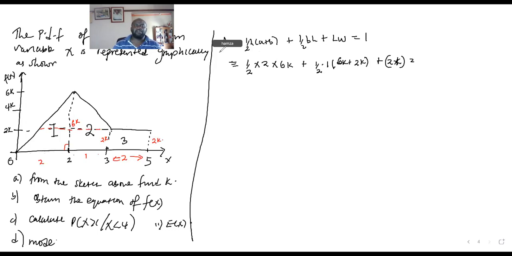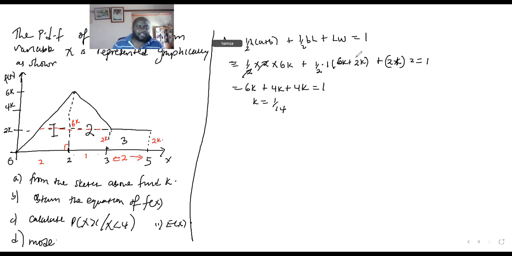So that's how I came about it. So this is supposed to sum up to 1. So with this, I'll get 6K plus 4K plus 4K is equal to 1. With this reason, K is going to be equal to 1 out of 14.